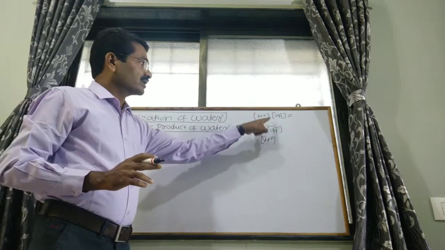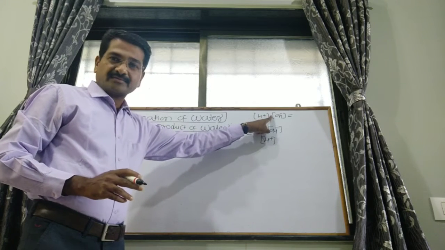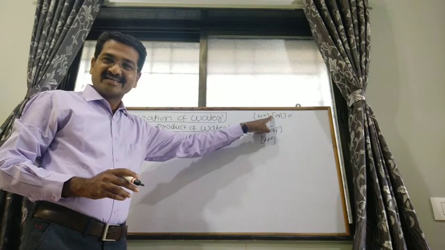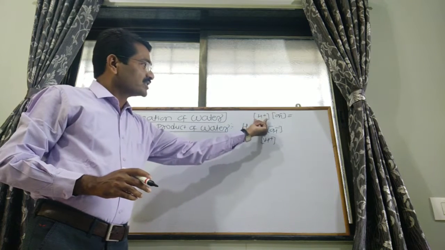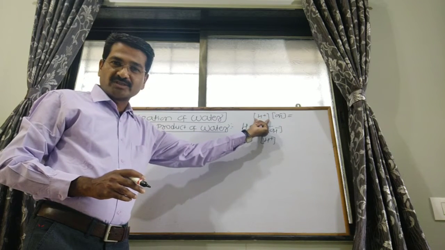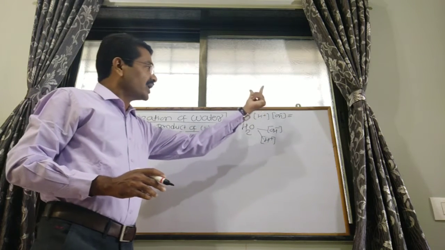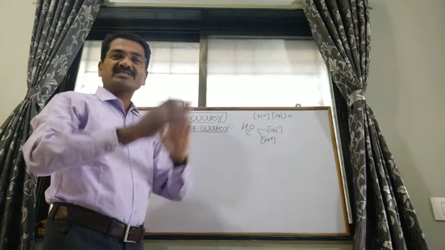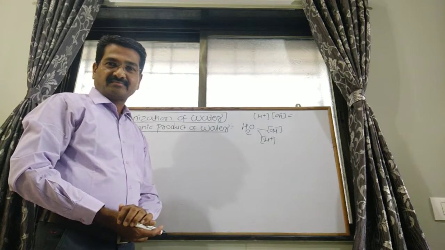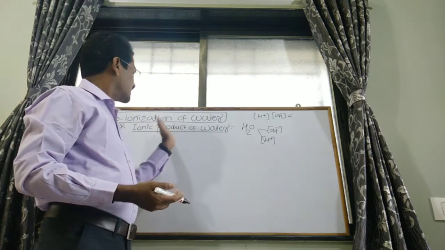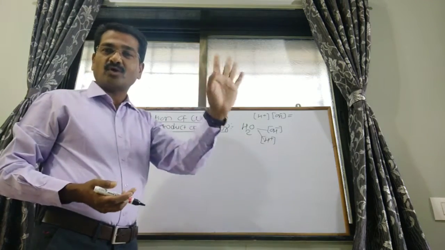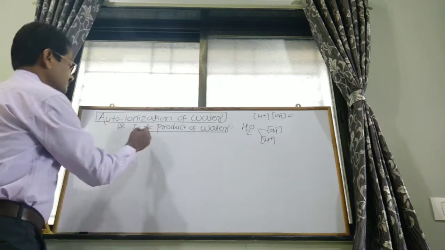Ionic product of water: the product of molar concentration of hydrogen ion and molar concentration of hydroxyl ion is called the ionic product of water. See the definition.